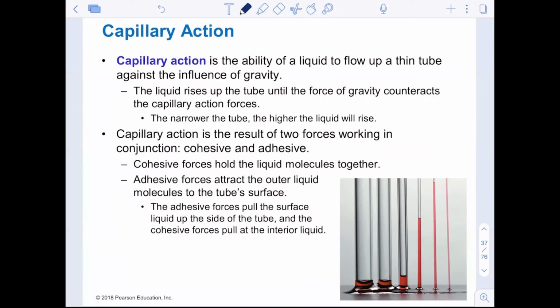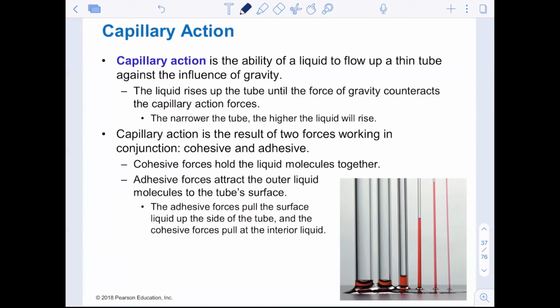Well, capillary action is the result of two forces working together, cohesion and adhesion. Cohesive forces hold the liquid molecules together, such as water. Adhesive forces attract the outer liquid molecules to the surface of whatever they're riding up. We're going to choose things like tubes or cylinders, right?